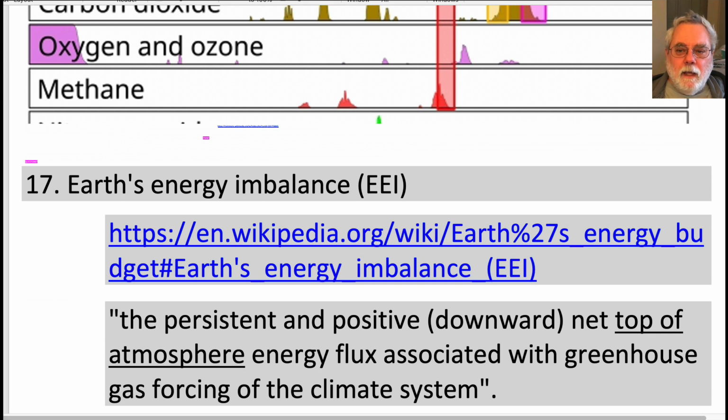The Earth's energy imbalance is defined as the persistent and positive downward net top of atmosphere energy flux associated with greenhouse gas forcing of the climate system. The definition would be easier for us laymen to understand if it ended at the word flux.